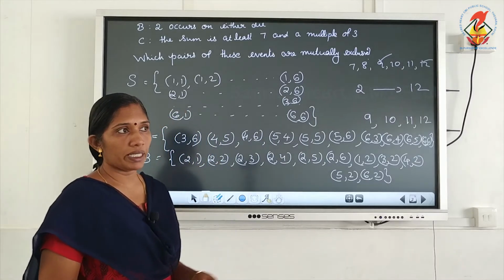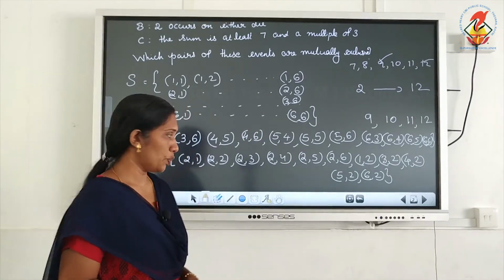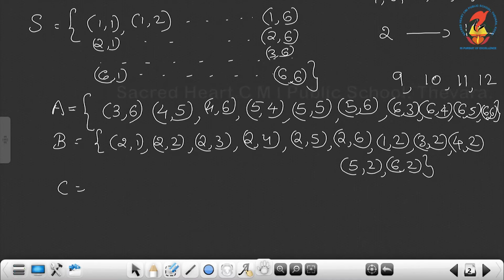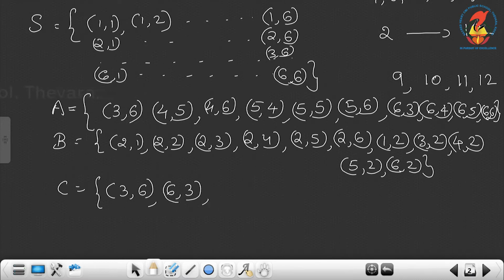So in which all pairs we get sum 9 and 12. So can you say C? How we write C? The sum 9, that we can write 3, 6. 9 is a multiple of 3. 6, 3 also we can write. Okay. Then 4, 5. Sum is 9. 5, 4.